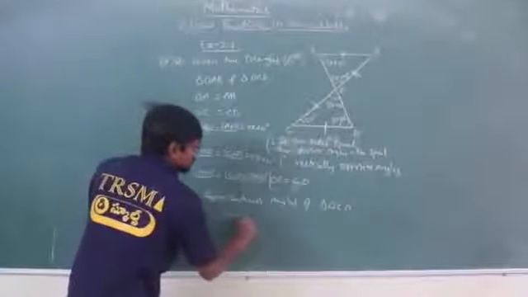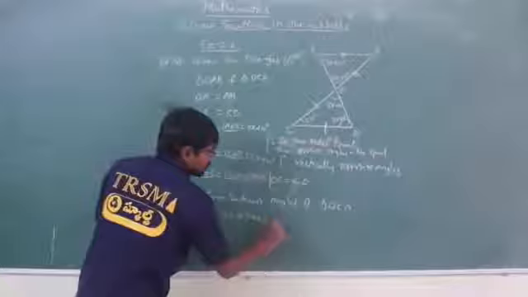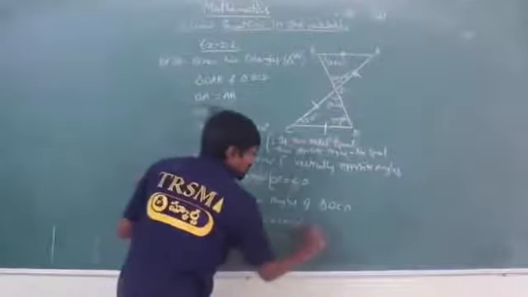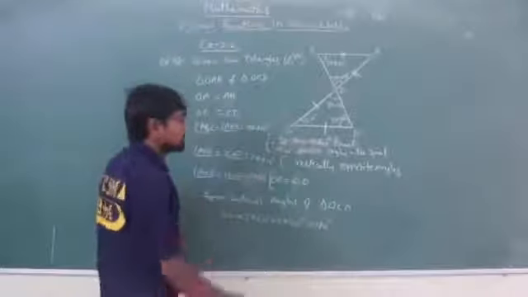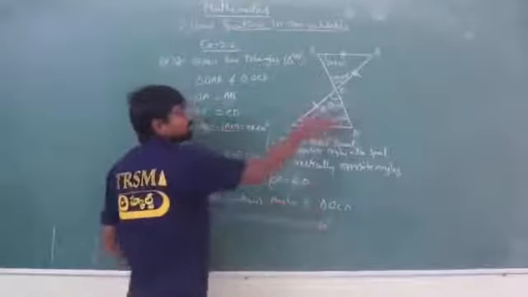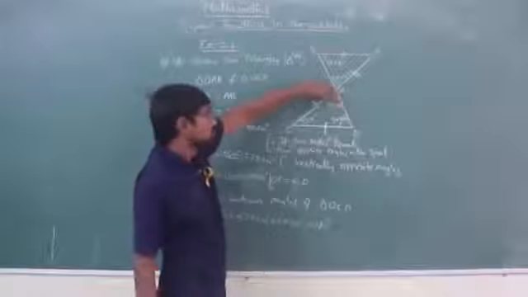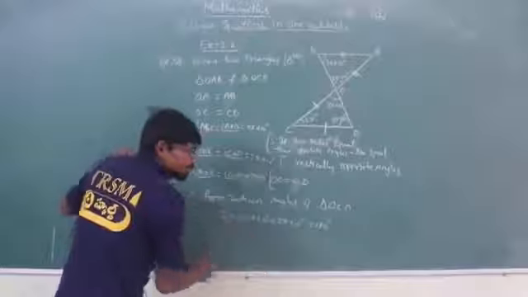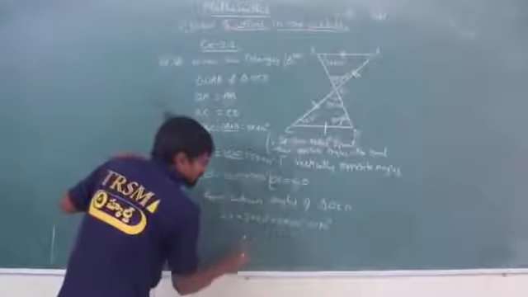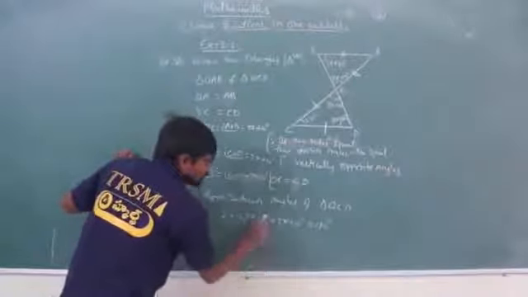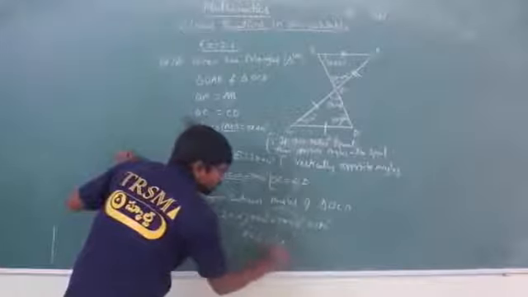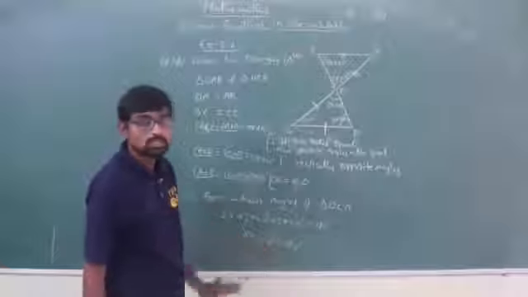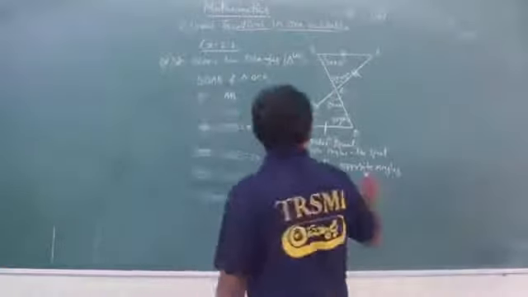So 2x plus 3x plus 10 plus 3x plus 10 degrees is equal to 180 degrees. We are taking this triangle. So 2x plus 3x is 5x, 5x plus 3x is 8x, plus 10 plus 10. Here we have got 20 equal to 180. 20 is being added here, so we have to subtract 20 on both sides.